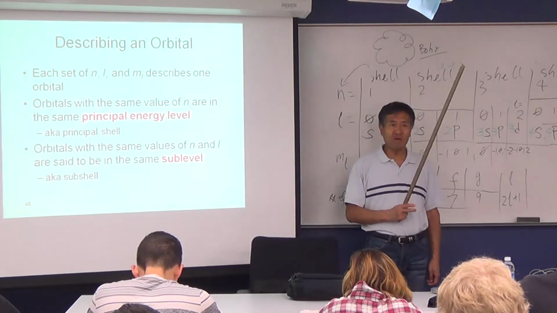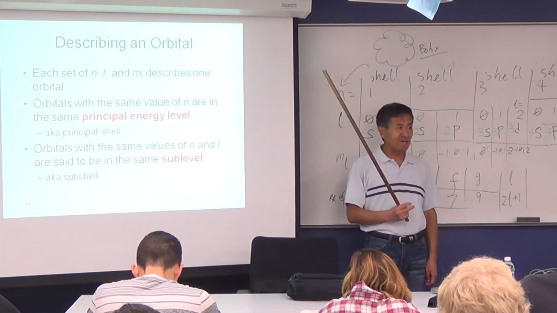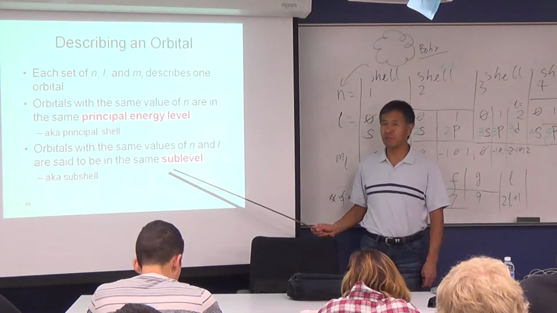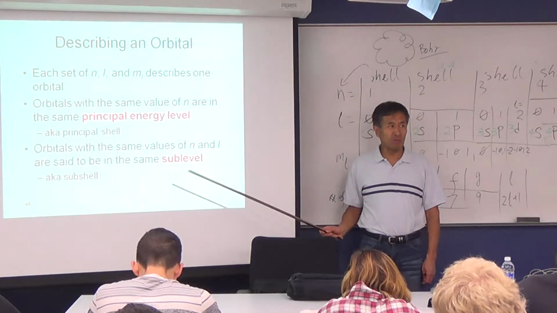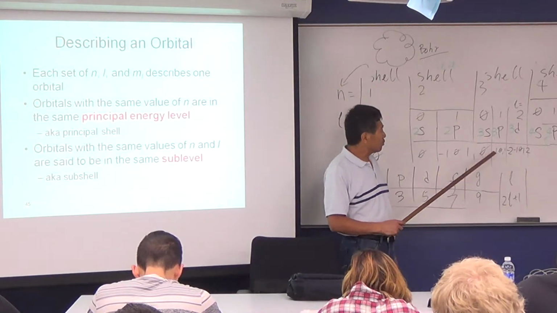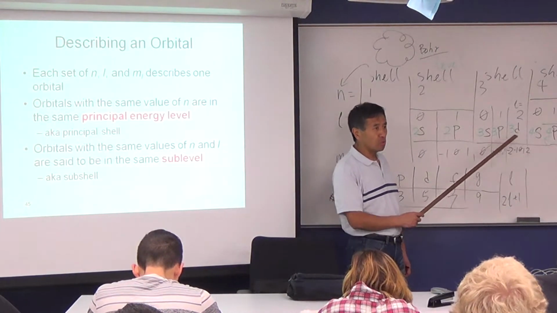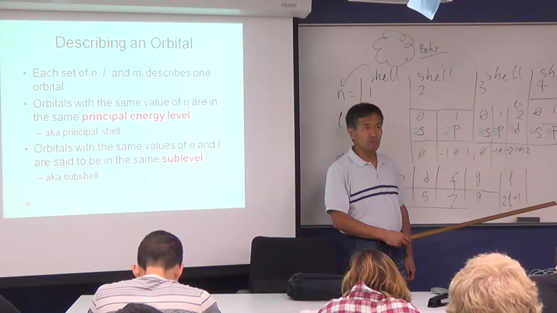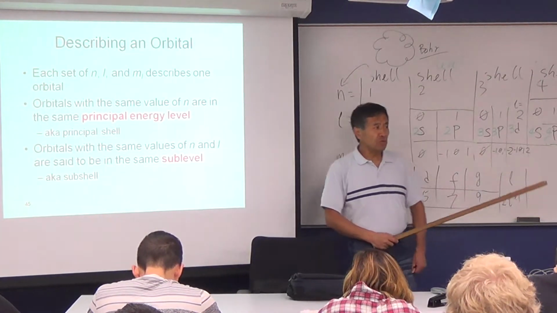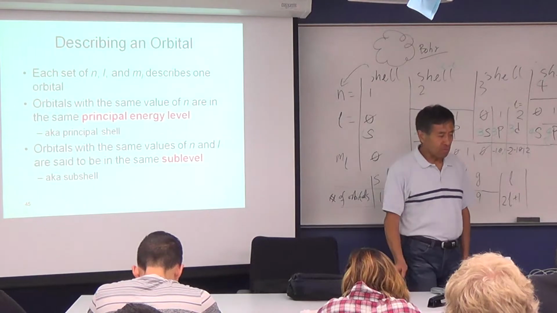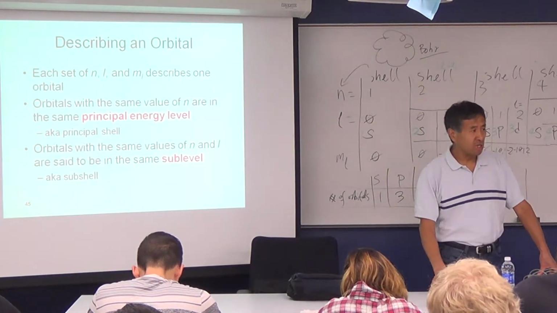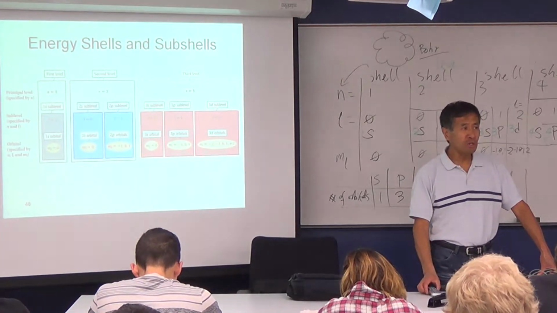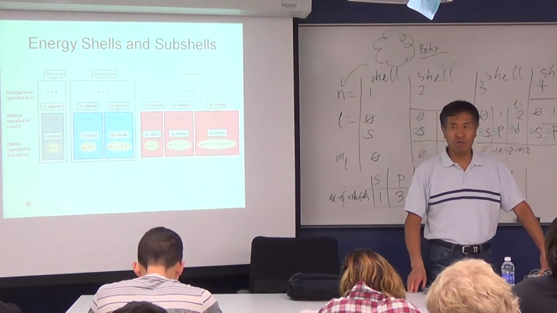If you tell me 2 numbers, both n and l, then you tell me the subshell, and you precisely tell me, do we have a 3s? Do we have a 4d? Something like that. If you tell me all 3 numbers, n, l, and also ml, you tell me precisely 1 orbital.